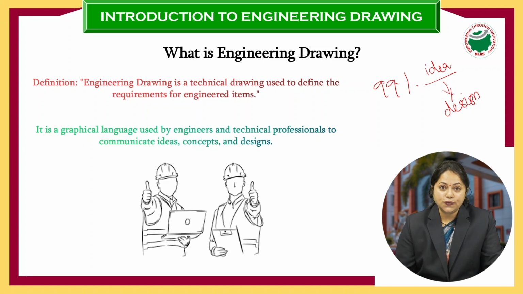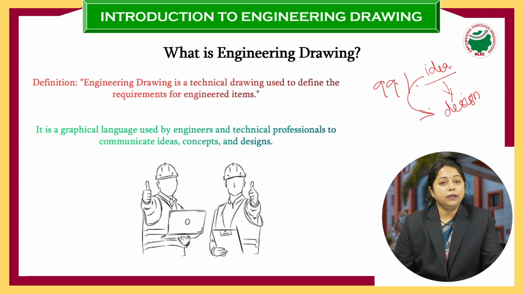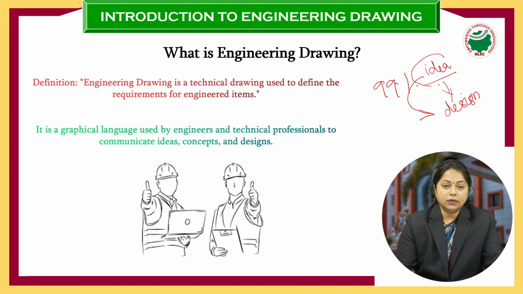This transformation of an idea into a design can also be called a drawing. But if this is related to an engineering application, say a building needs to be constructed, some equipment needs to be designed, an automobile engine needs to be designed, some gear has to be produced, or a wristwatch has to be made, what is happening exactly?